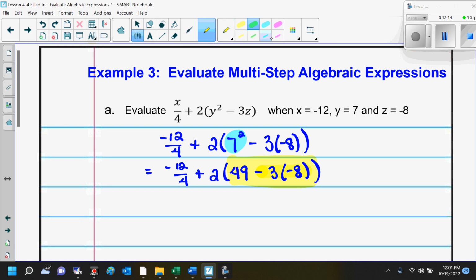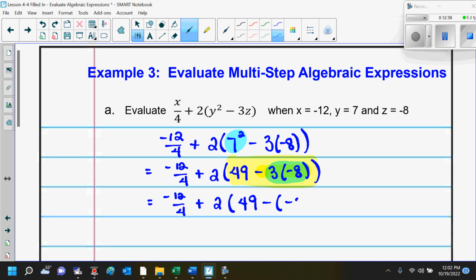So here, let's do 3 times negative 8. All right. So we've got negative 12 divided by 4 plus 2 times the quantity 49 minus, and then negative 3 times negative 8 is negative 24. What do you notice about a negative and a negative?